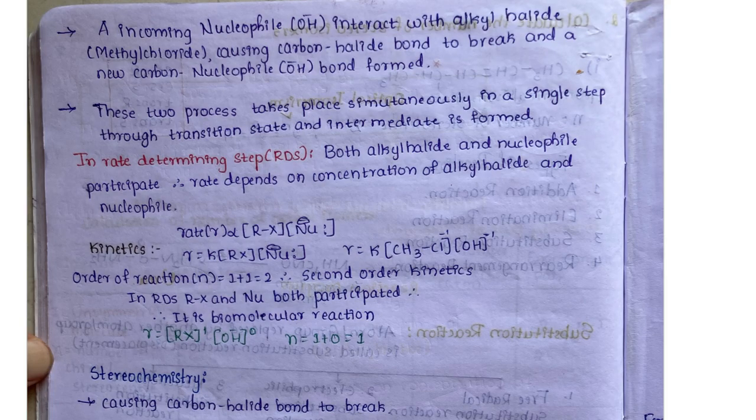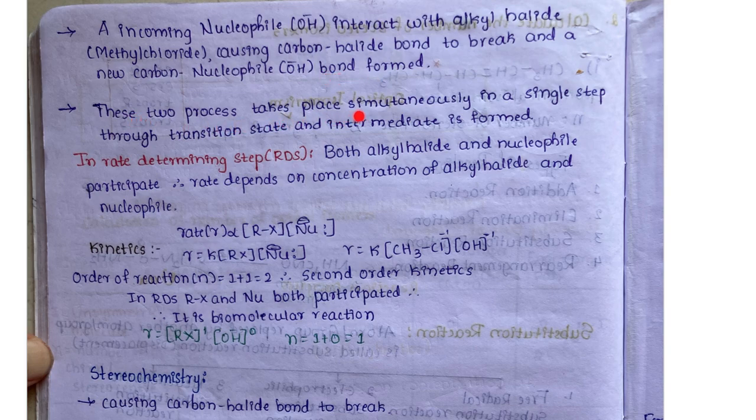According to that, the incoming nucleophile OH minus interacts with the alkyl halide, causing the carbon halide bond to break and a new carbon nucleophile bond, the C-OH bond, to form.